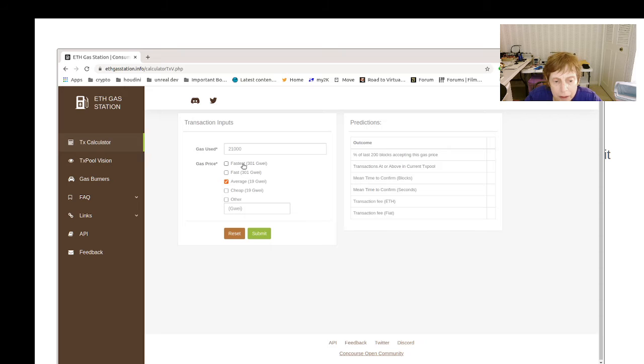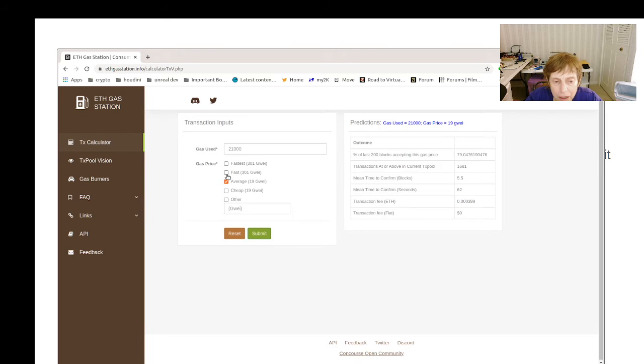So here's the case. We have 21,000 gas units. We have the average price, which is 19 GWEI. And when you hit submit, it says 80% of miners will take your transaction. So this will take about a minute to confirm. This is what your cost is going to be in Ethereum, which is like 0 in fiat.